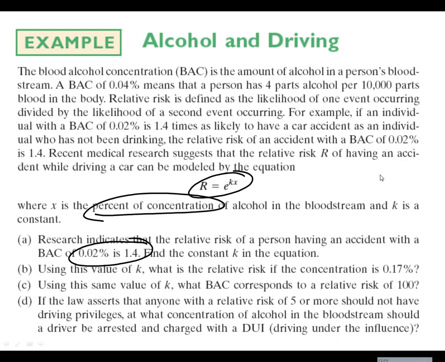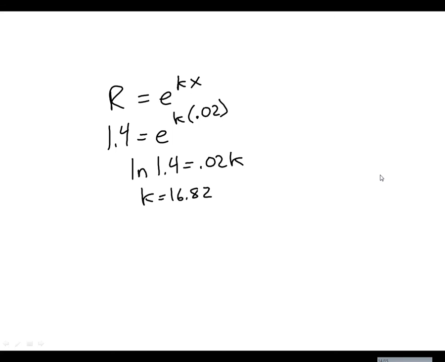Let's go back here. Problem part B. Using this value of k, what's the relative risk as the concentration is 0.17? Now we're solving for the relative risk. If we have 0.17 of our 16.82, this is pretty straightforward.